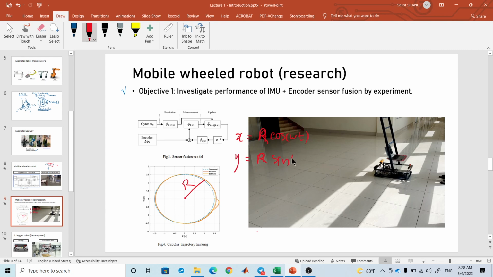It is y sine omega t. So you just give the command to the robot that you must go along this trajectory. And then we have control theory with the architecture of a control system and design a controller, and then compute the voltage to each motor to make the robot move through the trajectory. Okay?